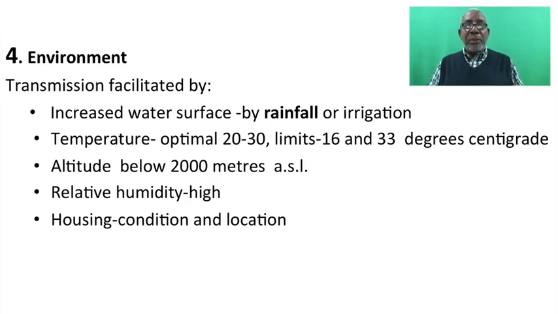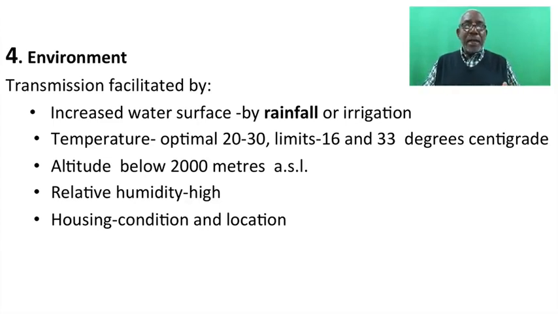When it comes to altitude, this is very much linked to temperature, because at high altitude there are normally low temperatures. So in a lot of geographical areas, we don't have malaria transmission at altitudes above 2,000 meters above sea level. Relative humidity is linked also to the rainfall and irrigation activities.